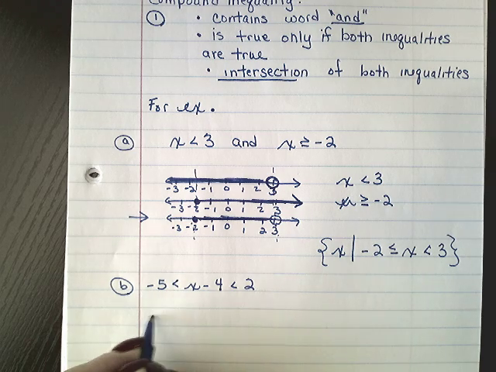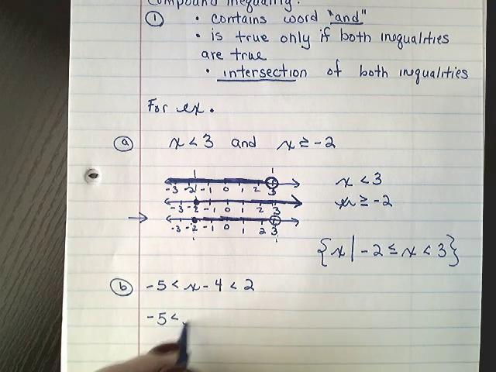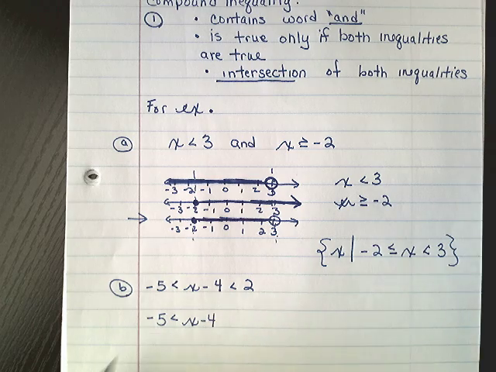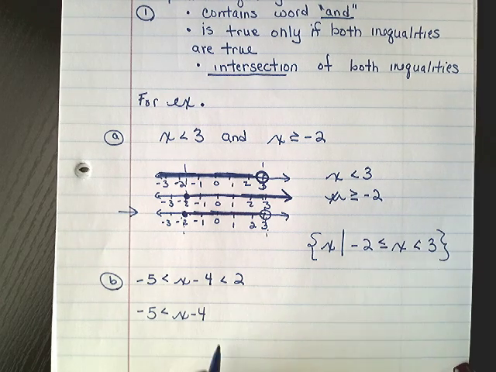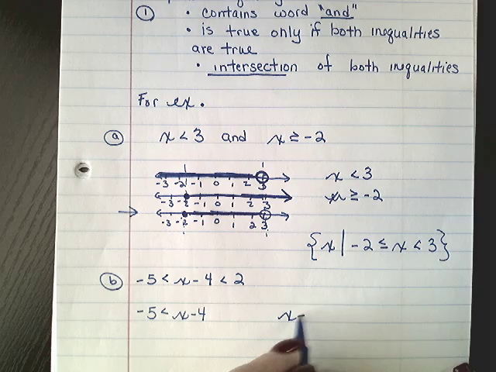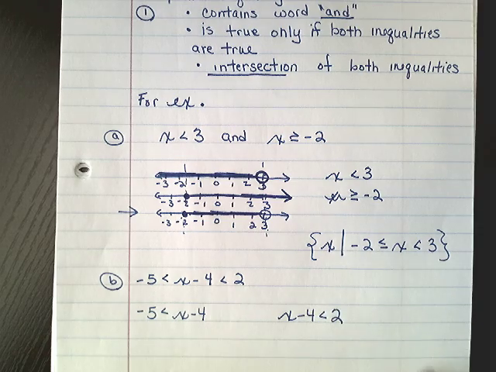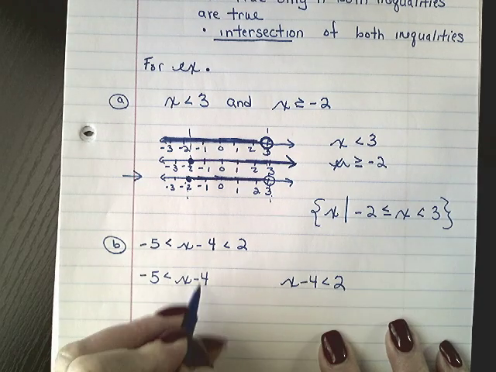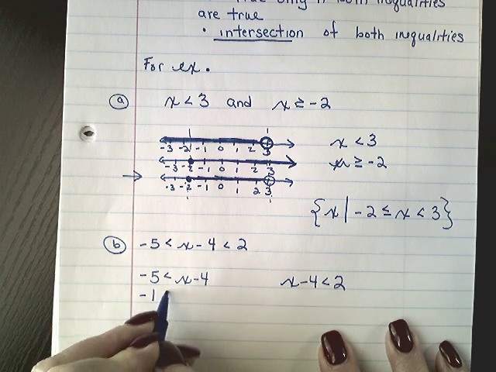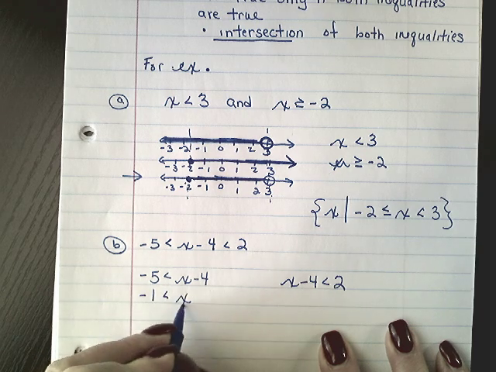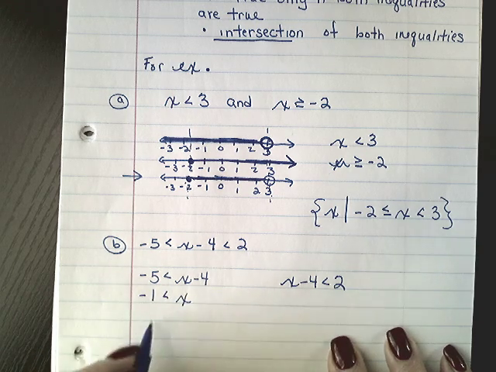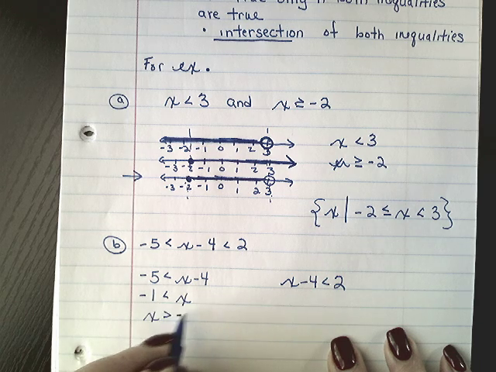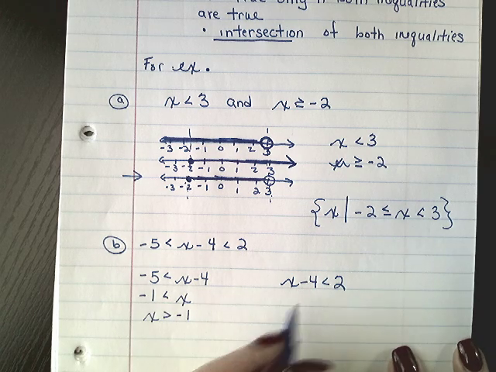So my first one would be negative 5 is less than x minus 4. And then I'd break it apart and put x minus 4 is less than 2.